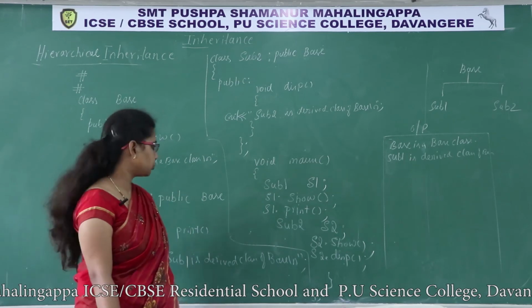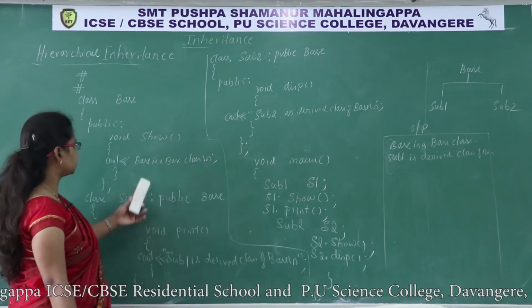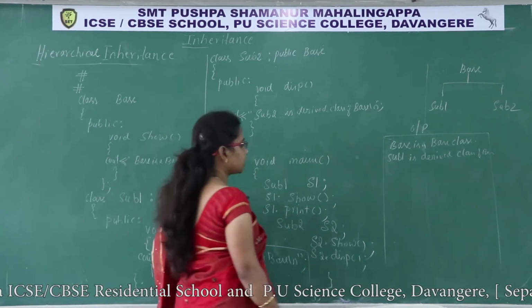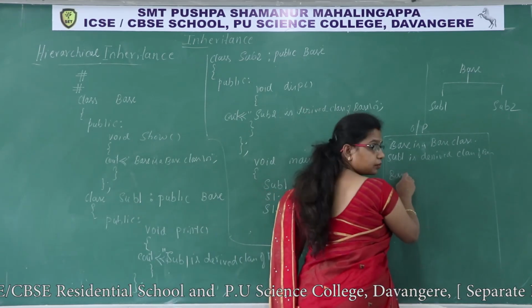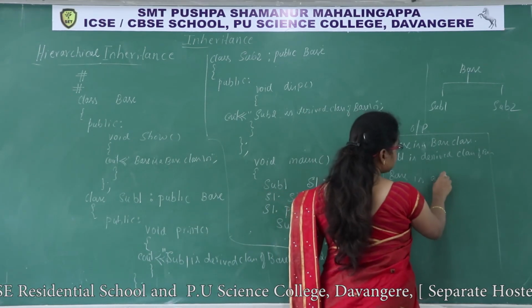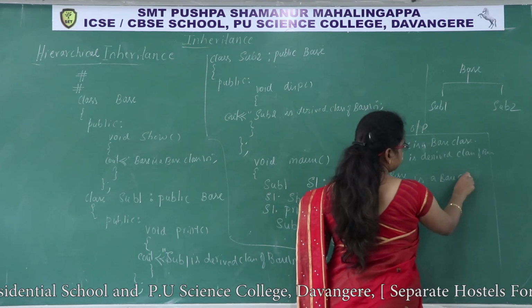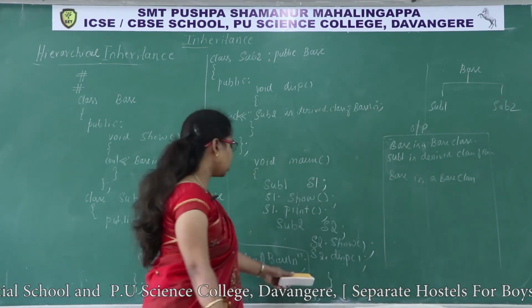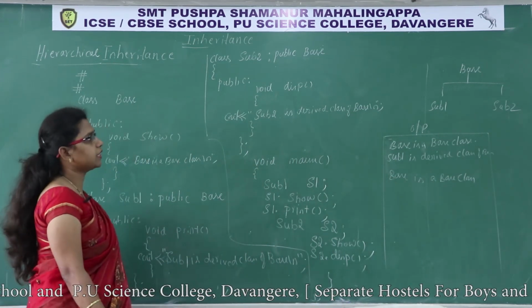S2 dot show. What is there in the show function? Same. Base is a base class. After that, S2 dot disp. What is there in the disp?